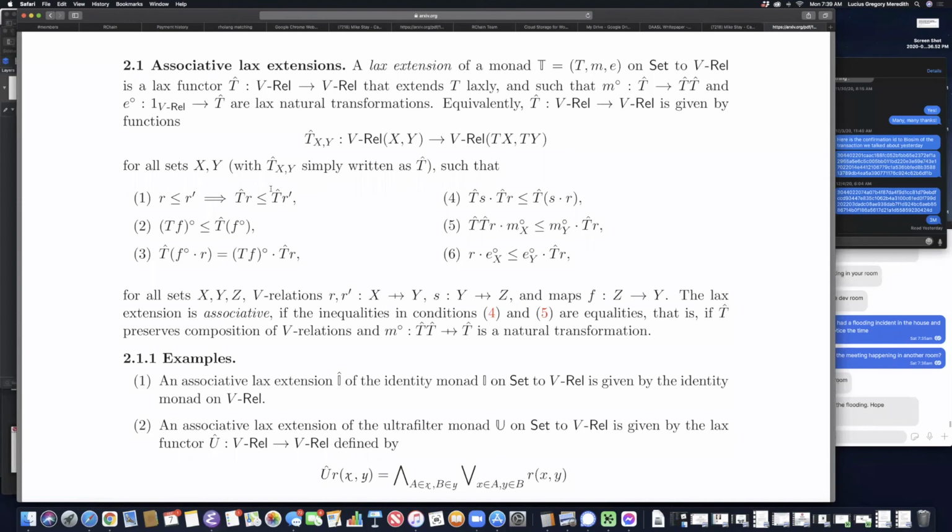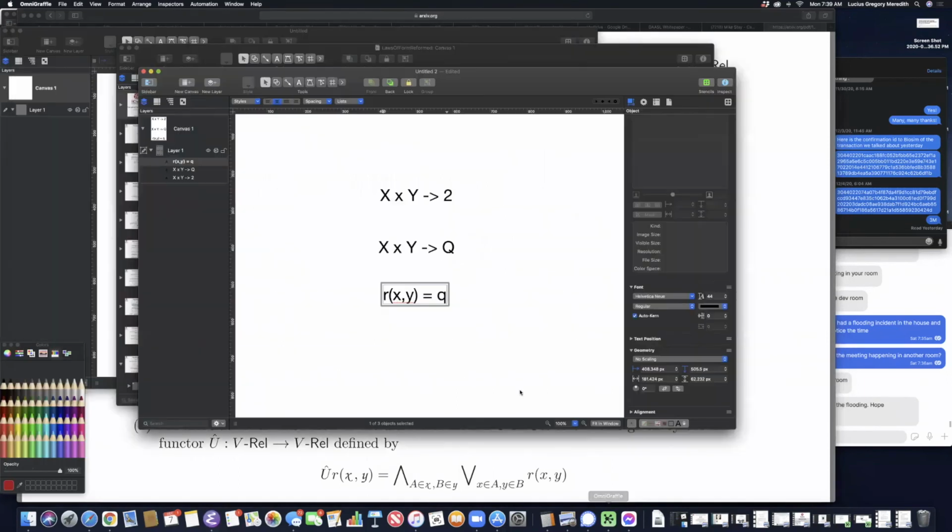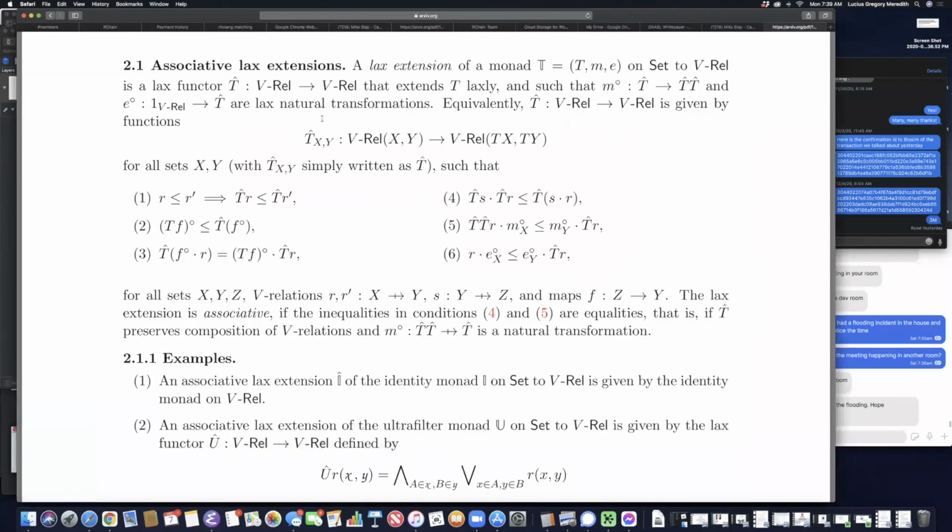So this basic pattern here, moving from 2 to Q, is the template, and it gives rise to a very natural set of things that we have to check.